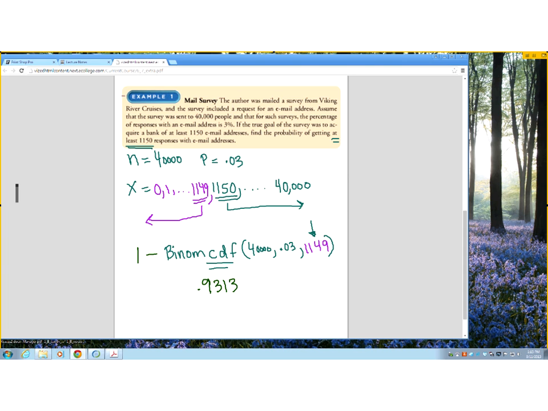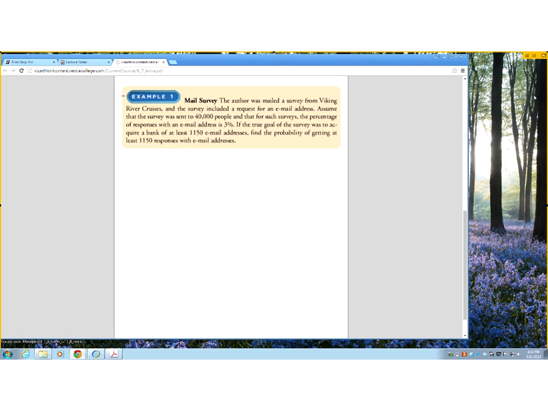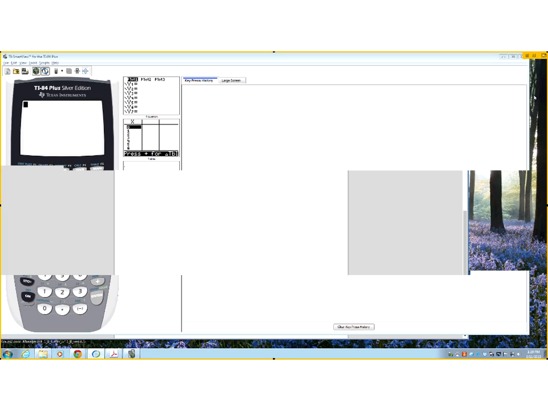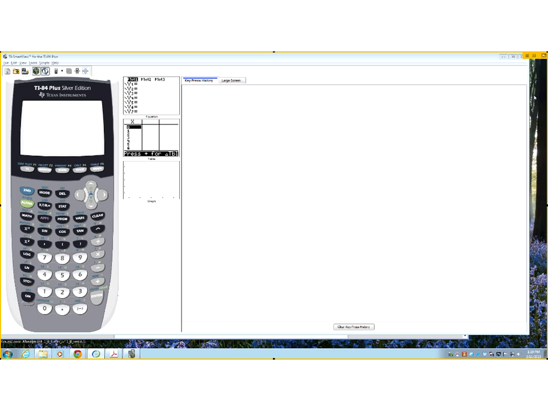So is this 0.9313 the exact probability or is this one the approximation? What do you think? Right, this one is the exact probability.